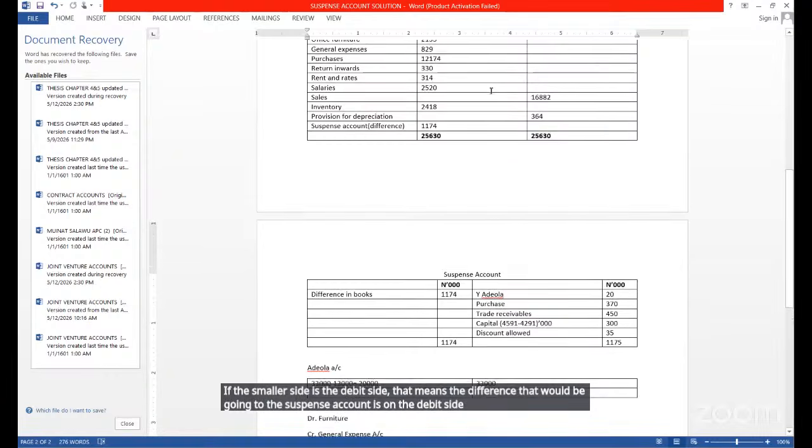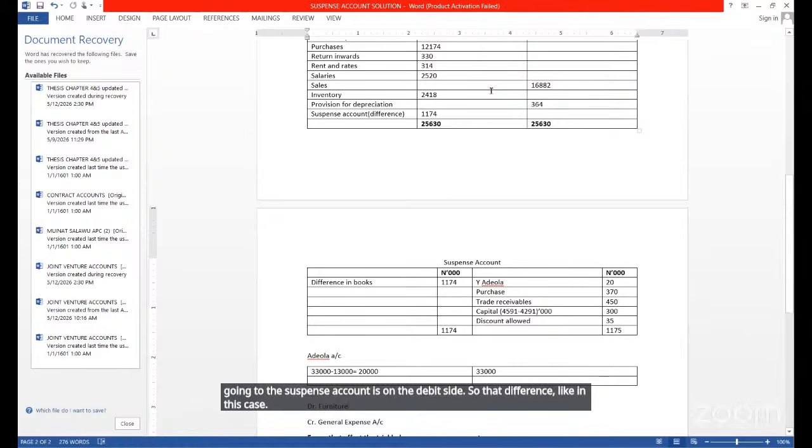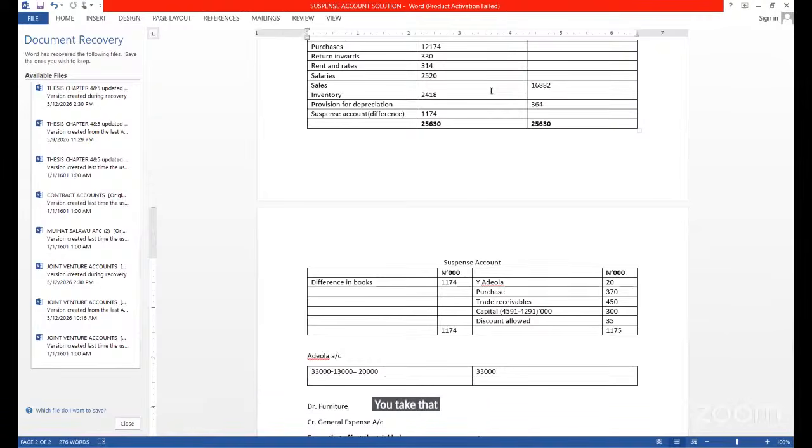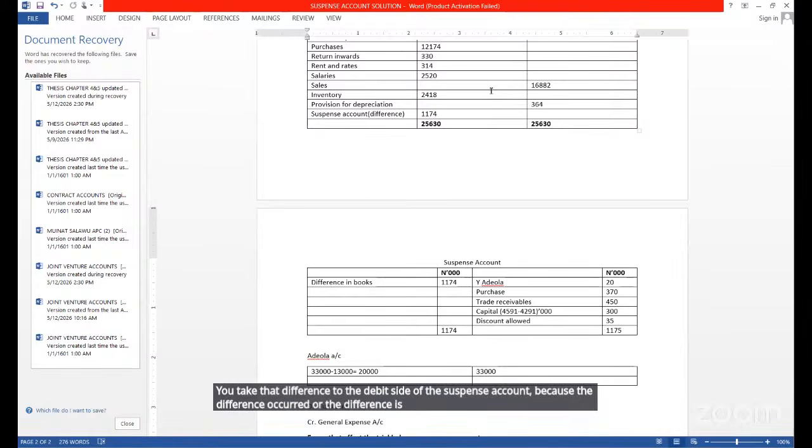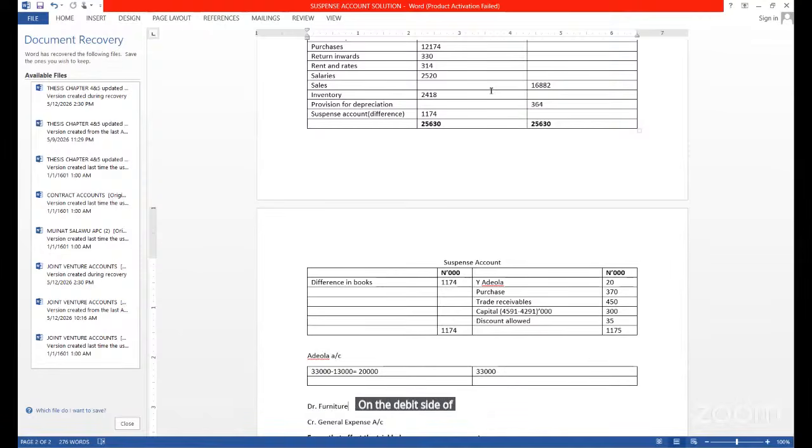So that difference, like in this case, what we have in the example, that difference that is on the debit side, when you are drawing up the suspense account, you take that difference to the debit side of the suspense account because the difference is on the debit side of the trial balance.